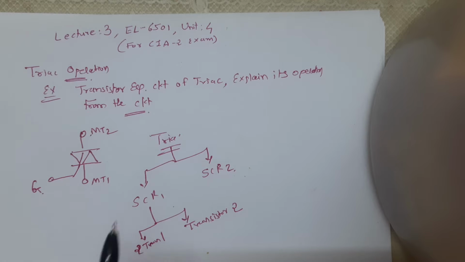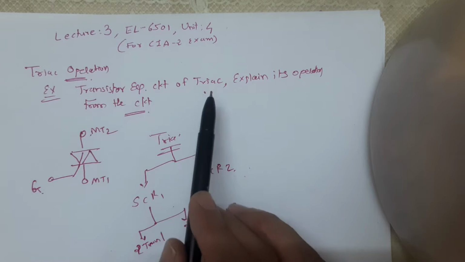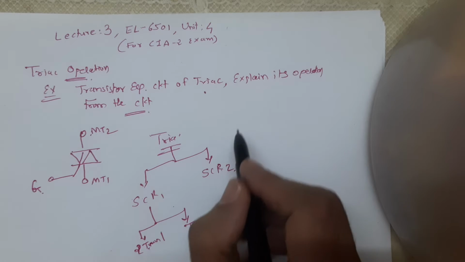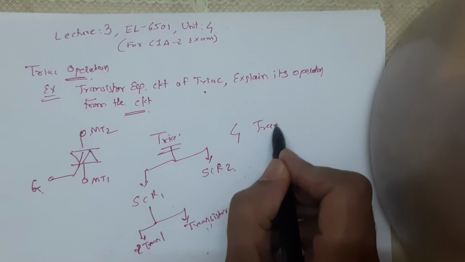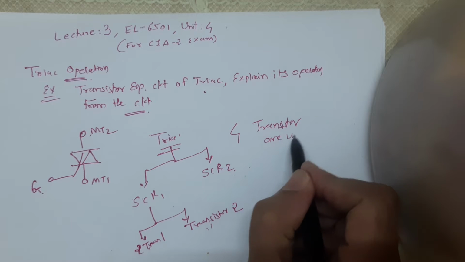So here we want to make a triac with the help of transistors. There are two SCRs, each SCR has two transistors, so a total of 4 transistors are used.